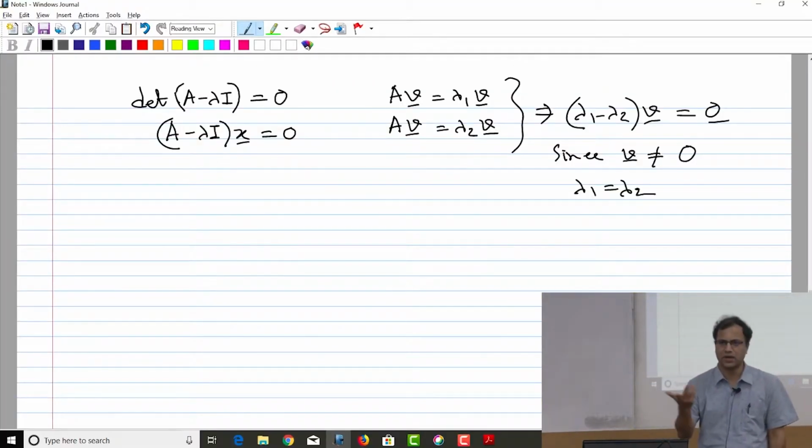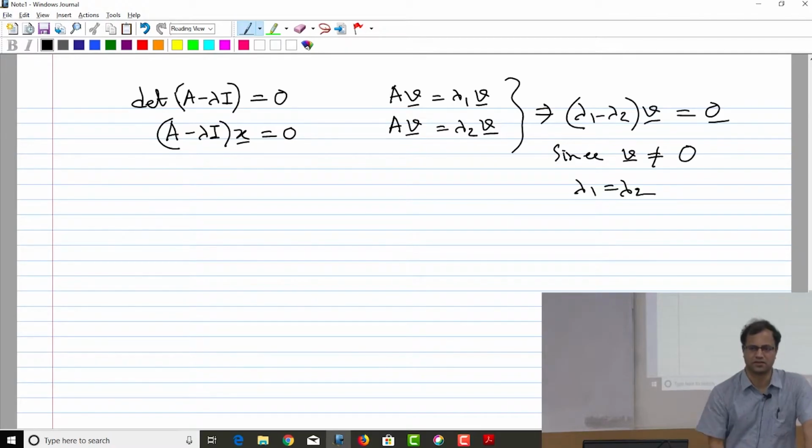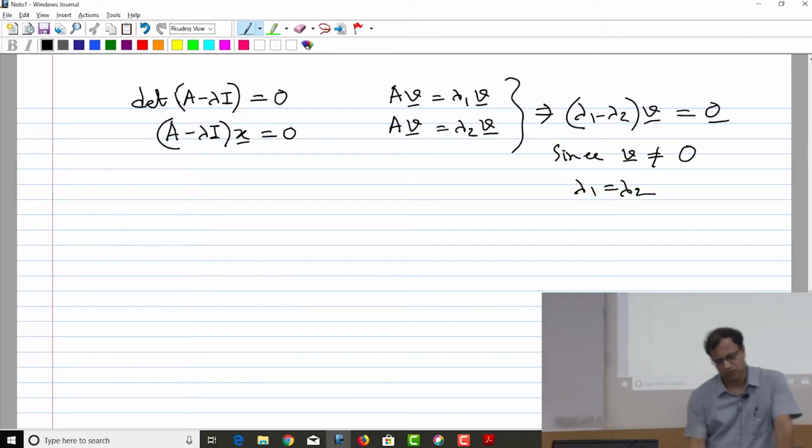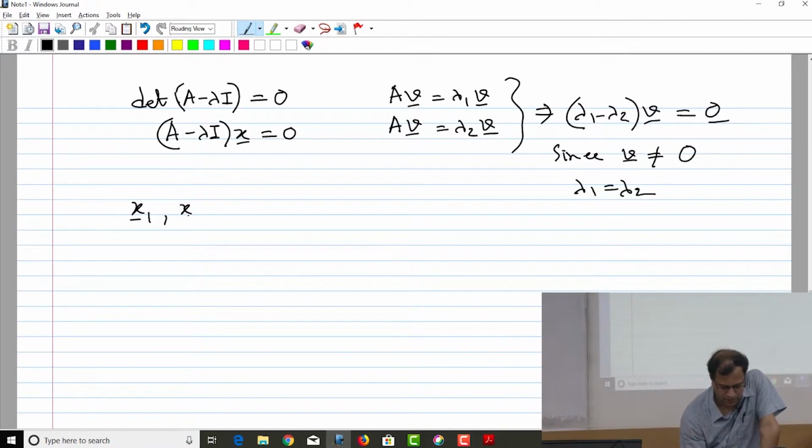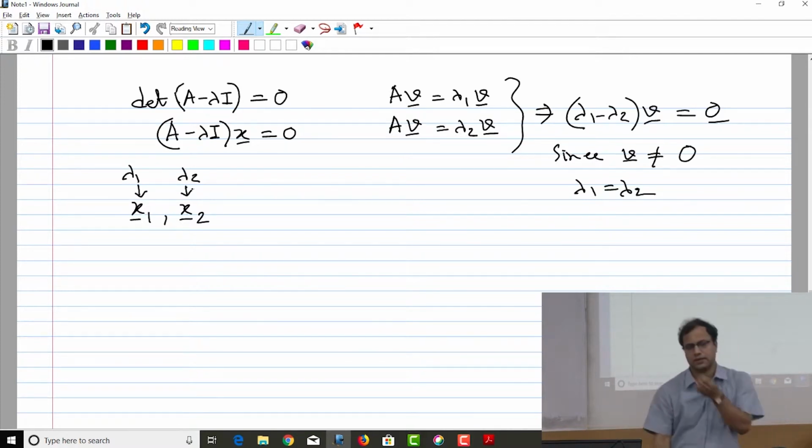If we are given only one, that's independent. So suppose we consider two eigenvectors corresponding to two distinct eigenvalues, say x1 and x2, corresponding to lambda 1 and lambda 2.